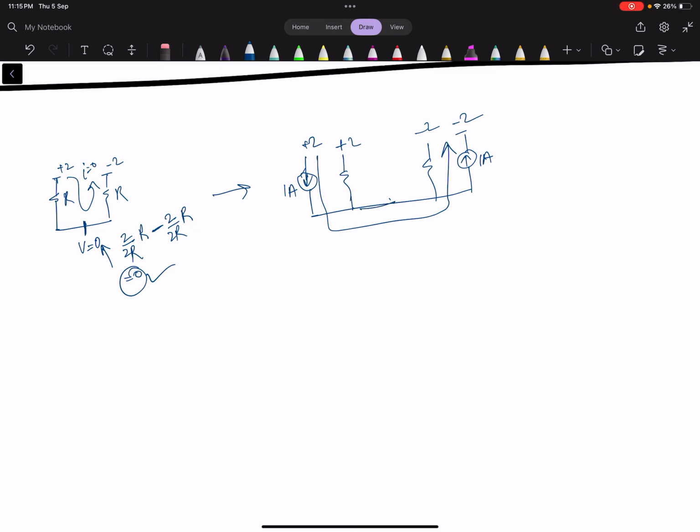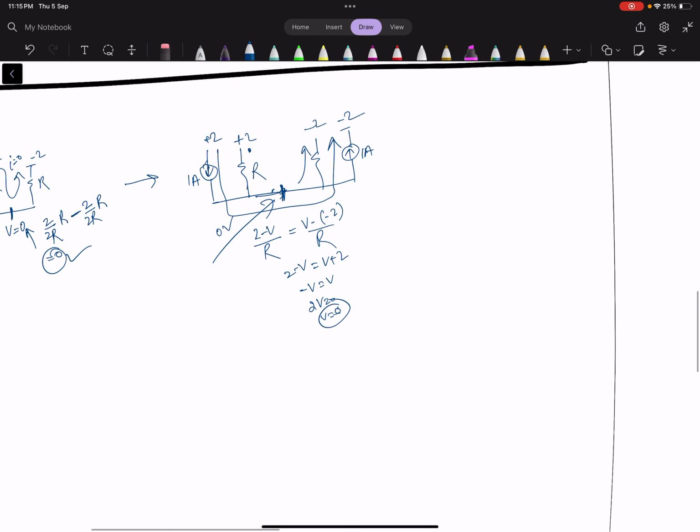If we apply KCL here, (2 minus V) upon R is equal to this current, which is (V minus -2) upon R. So 2 minus V equals V plus 2, so minus V is equal to V, or 2V equal to 0, V equal to 0. So this potential will become 0 volt.